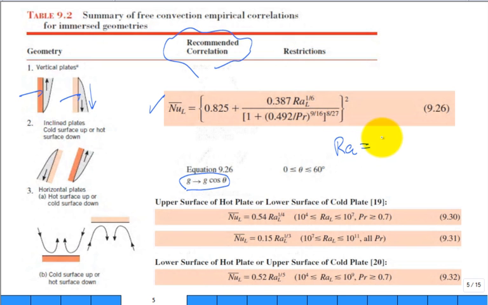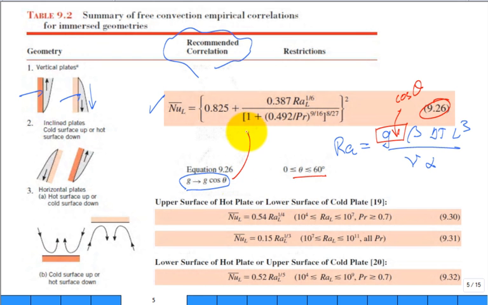The Rayleigh number is g beta delta T L cubed over nu alpha, and you would put in a cosine of the angle theta to modify g. If it's slightly tilted, up to 60 degrees, it'll work. Use the same equation, just modify g in the Rayleigh number.